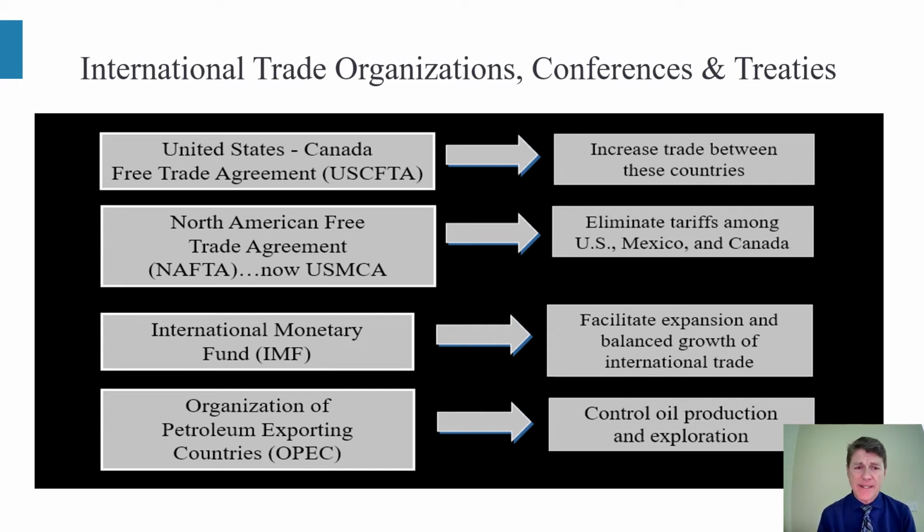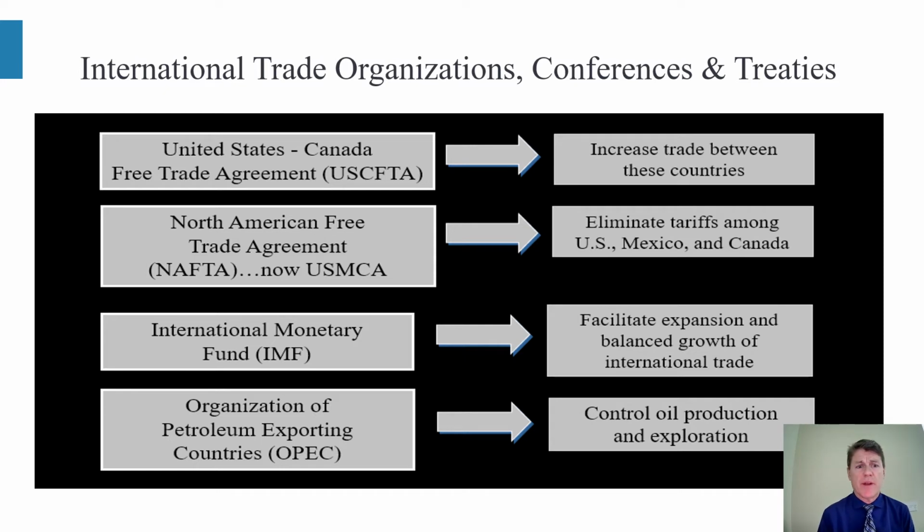By the 1990s, the US CFTA was expanded to include the country of Mexico. And so originally in the mid-90s, when that became part of our body of international law, it was referred to as NAFTA, the North American Free Trade Agreement.